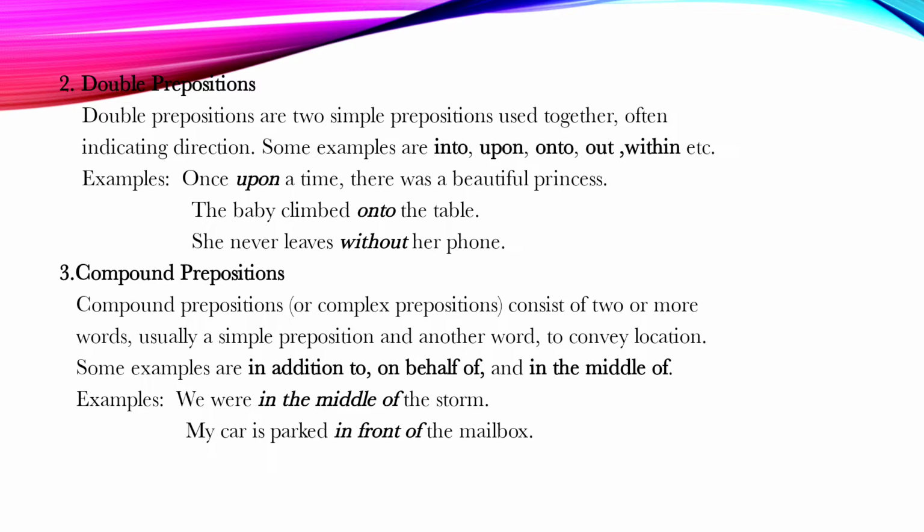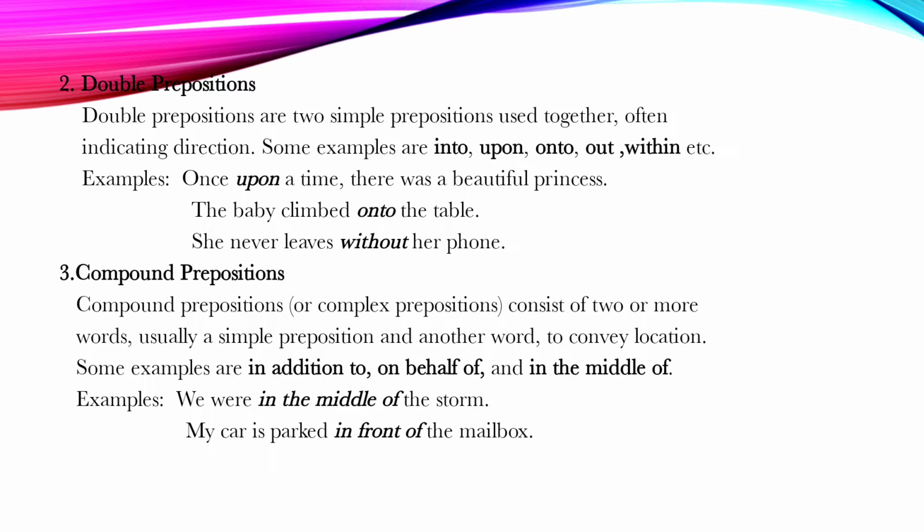Now moving on, double prepositions. Double prepositions are two simple prepositions used together, often indicating direction. Some examples are: into, upon, onto, out, within, etc. Now let's look: in plus to, into.